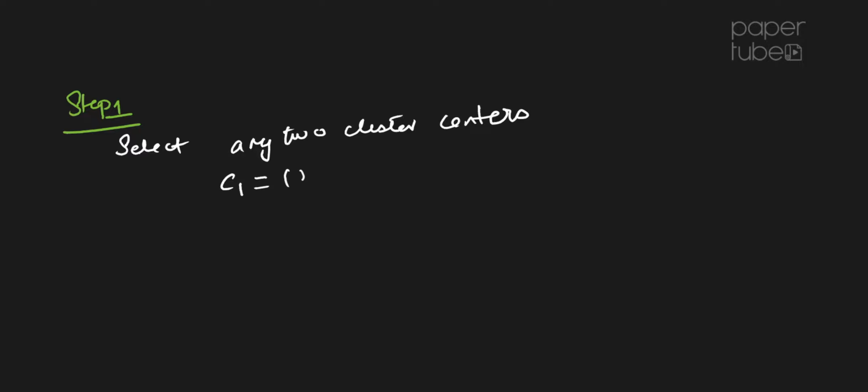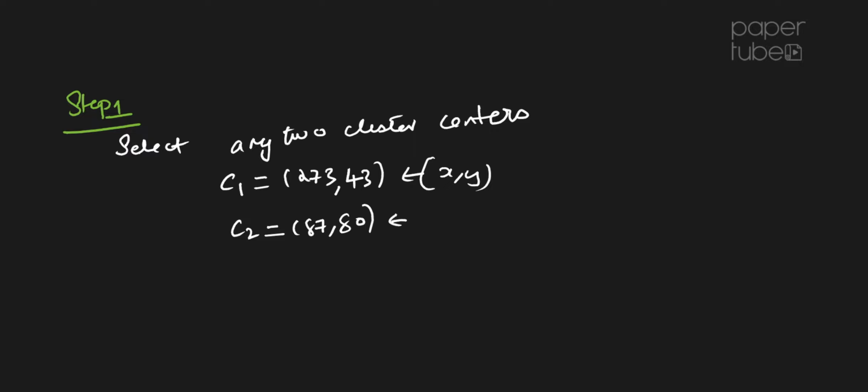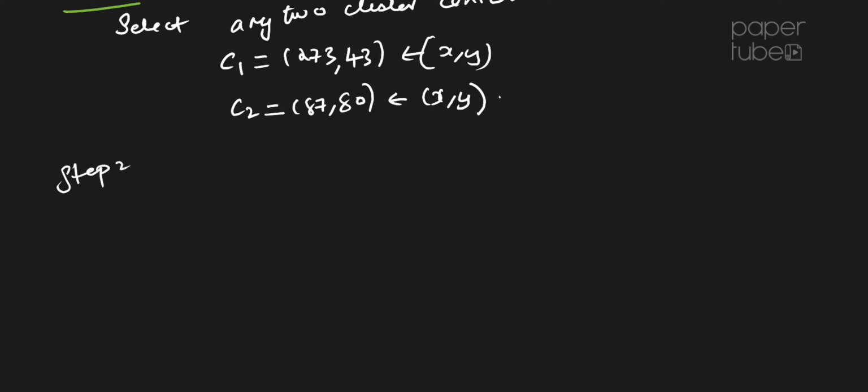So and then what we need to do, let's say select any 2 cluster centers. You need 2 cluster centers. One is C1, 273 comma 43. So that makes a data point x comma y. And another cluster center which is 87 comma 80. So that makes another data point x comma y. So now we need to calculate something called distance. To be specific, it's called Euclidean distance.